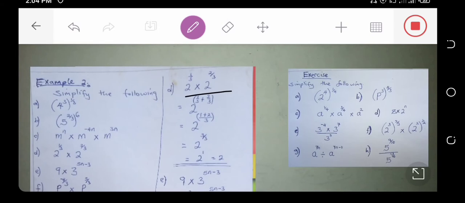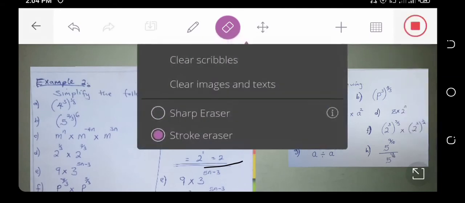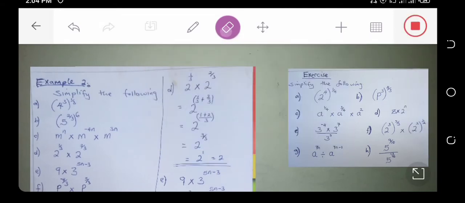When you add those powers and simplify, we get 2 to power 1, and the final answer in this case will be 2. That is the answer to D. So even though the powers are fractions or negatives, the laws of indices still hold. And that is how we can work out D.